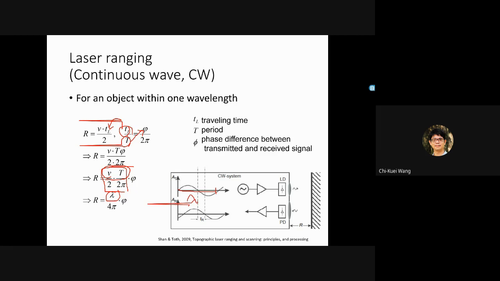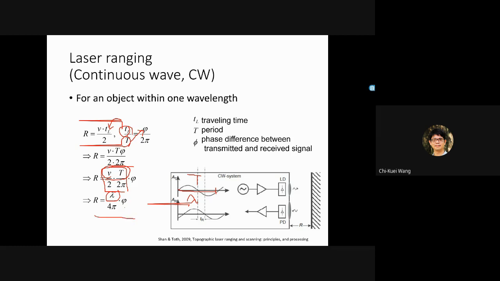In terms of distance, that's my wavelength. In terms of time, that's my period. So the numerator becomes lambda. That's the final equation we get here.